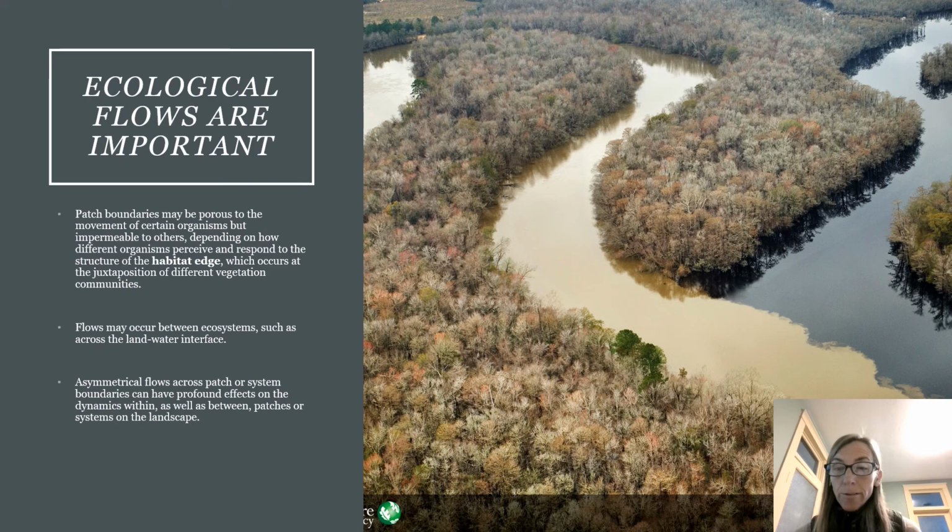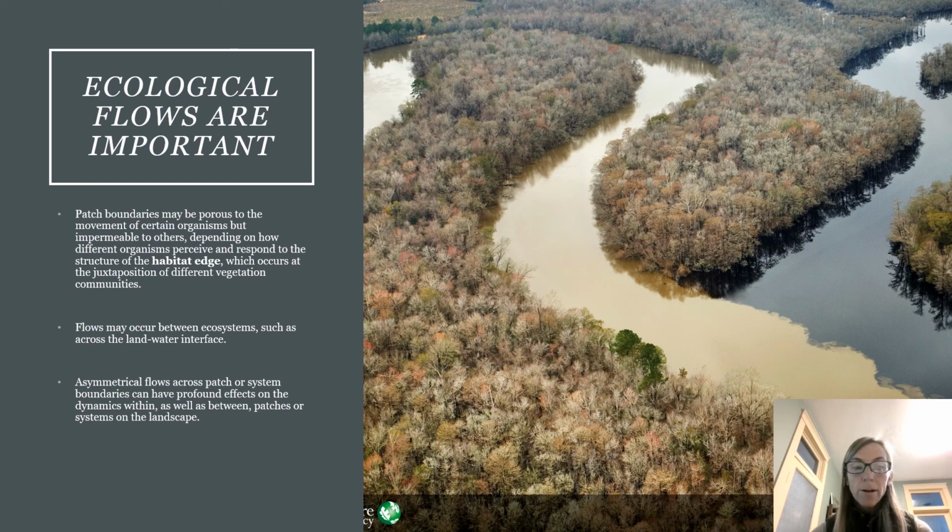Ecological flows are important, and we know that patch boundaries are often porous to the movement of certain organisms, but they may be impermeable to others, depending on how different organisms perceive the environment and respond to the structure of habitat edges.